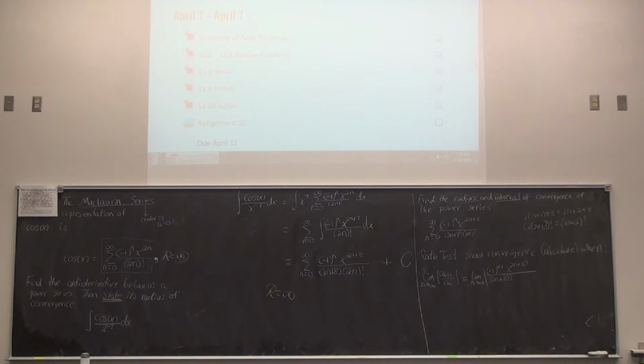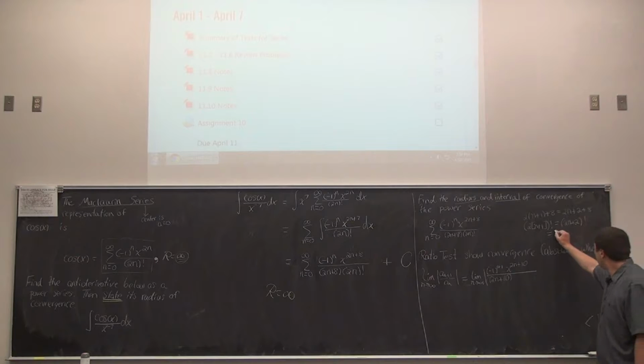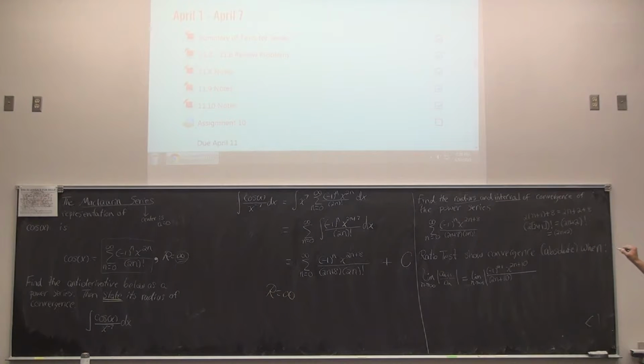Okay, then because we're working with factorials in this situation, it's a very good idea to re-express this in a new way. So what would be a better way to write 2n plus 2 factorial in this context of the ratio test? We get a 2n plus 2 to start, and then when we do a factorial, what would be the very, very next term after that?